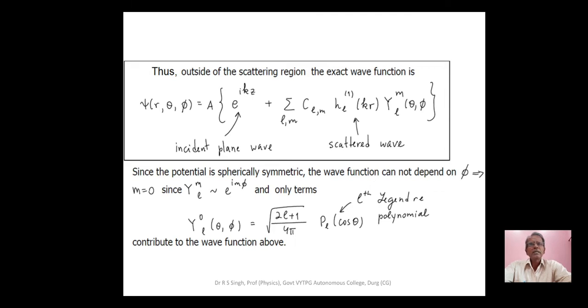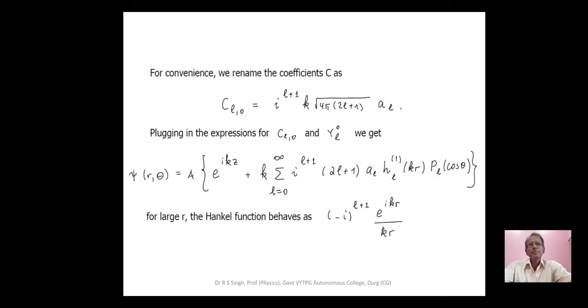For isotropic scattering, m is equal to 0 and the spherical harmonic is given by Y_l0(θ, φ) equal to square root of (2l+1)/π times P_l(cos θ), where P_l is the l-th Legendre polynomial. Coefficient C_l0 is equal to i raised to power l+1 multiplied by k square root of 4π(2l+1) into A_l.